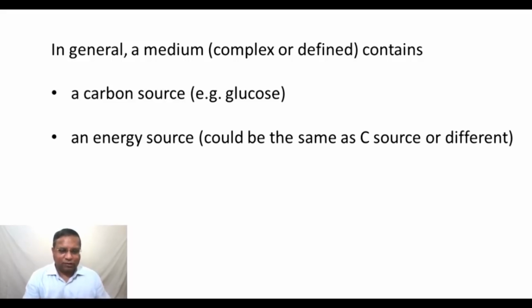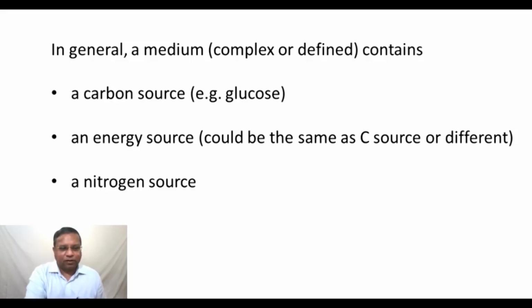The glucose gets into the pathway glycolysis, and then another pathway called the TCA cycle, and then oxidative phosphorylation, and thereby produces ATP. In this case, the glucose itself is the energy source. Many times you could have other pathways that produce energy, and the energy source could be different from the carbon source. Glutamine is sometimes the energy source for mammalian cells.